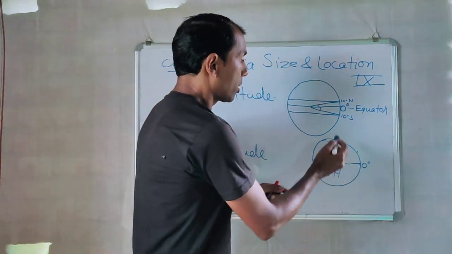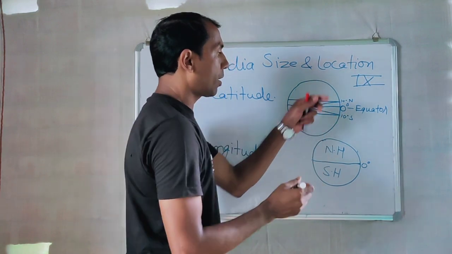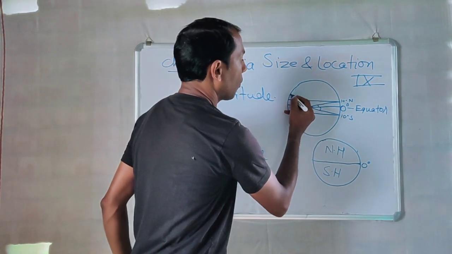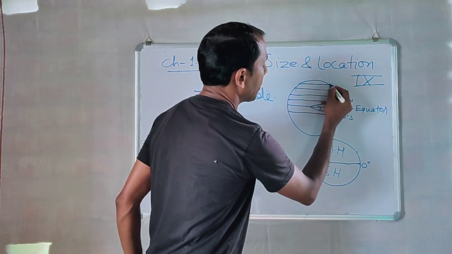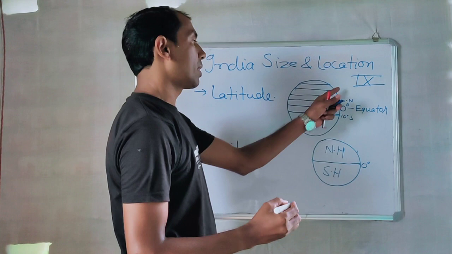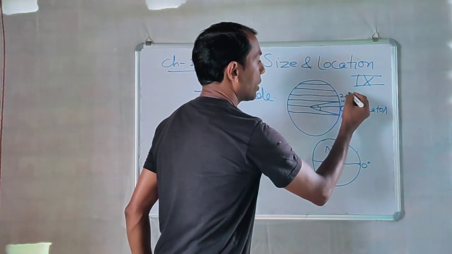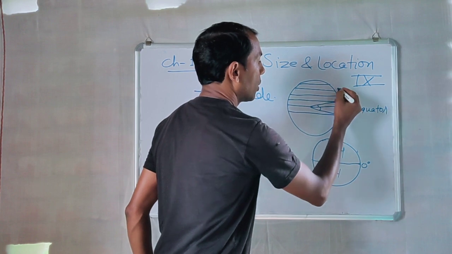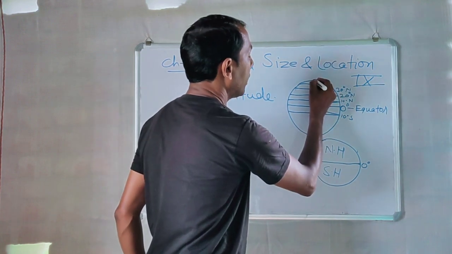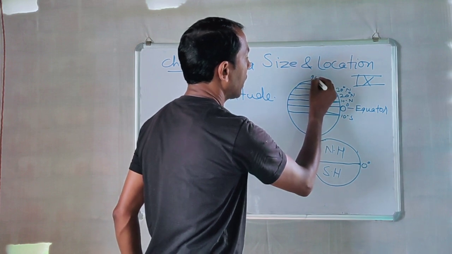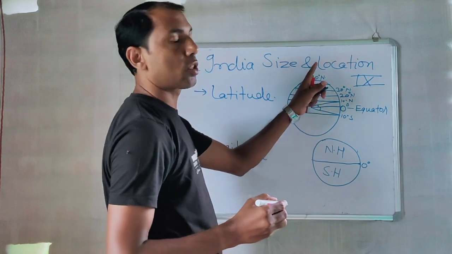So from the equator, in the upper part, all the lines which are parallel and imaginary will be demarcated by N: 10 degree north, 20 degree north, 30 degree north, like this, and finally on top it is 90 degree north. It is also called North Pole.